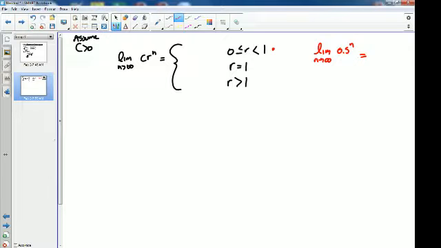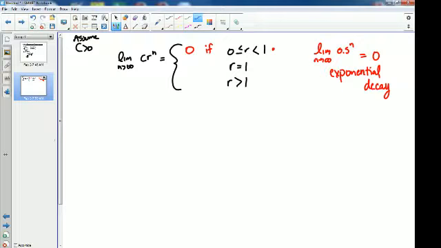This is a half, 0.25, 0.125. It's going to go to 0, right? So that means this is 0 if r is between 0 and 1. It's exponential decay. Remember that buzzword from science? Okay, all right, so we got that one.